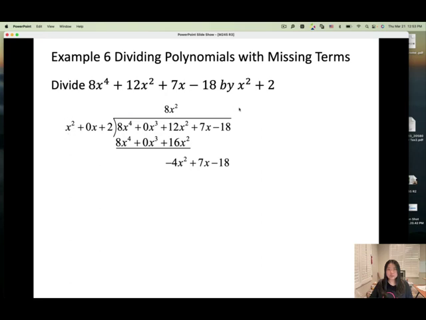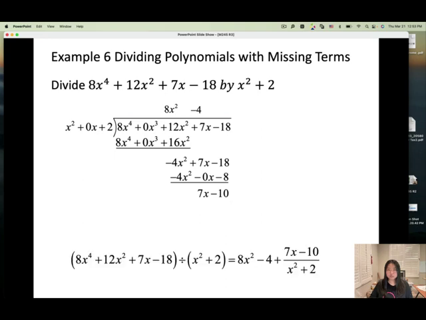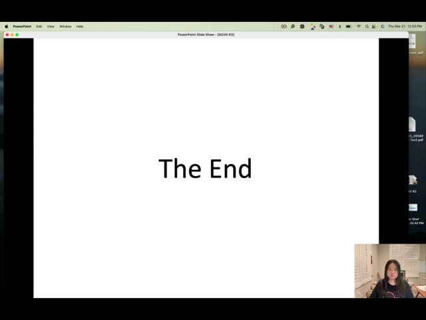So that will be negative 4 here also. Okay, distribute 1 by 1, so that will be your remainder. Okay, write out the final answer, the remainder divided by the divisor. Okay, that's it.